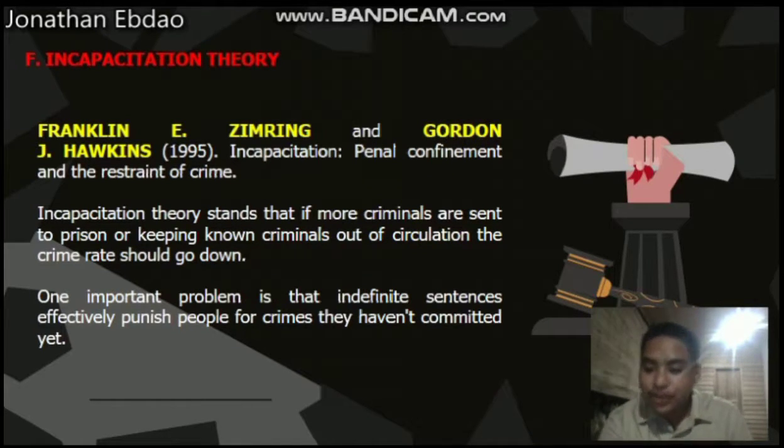Incapacitation theory supports the idea of imprisoning the criminals. The idea holds that the government has a responsibility to protect the public against future wrongdoings or harms, and this responsibility can be met through jail or incapacitation and reformation.